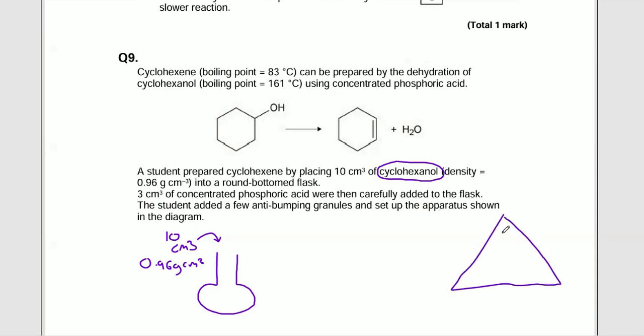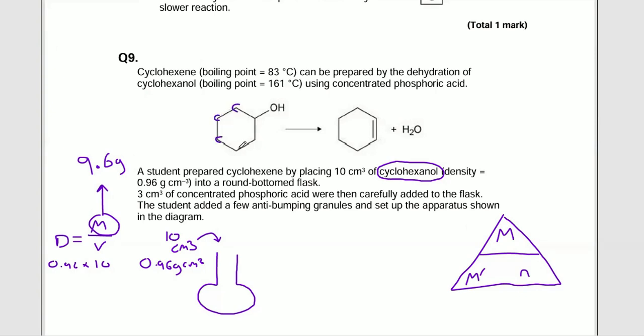Now, that means I can use a couple of equations here to work out how many moles of cyclohexanol, the reactant, I'm starting with. I'm going to need moles equals mass over Mr, and I'm going to need density times volume equals mass. So the first job is to use the density to find the mass. 0.96, the density, times the volume, 10 cm³, gives me a mass of 9.6 grams.